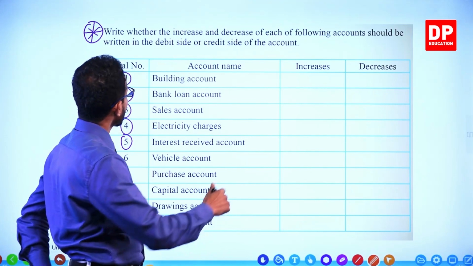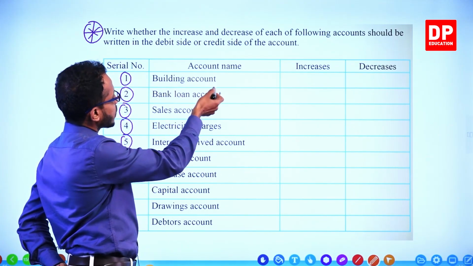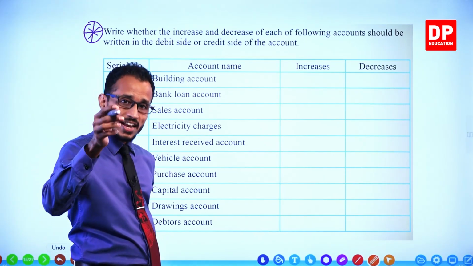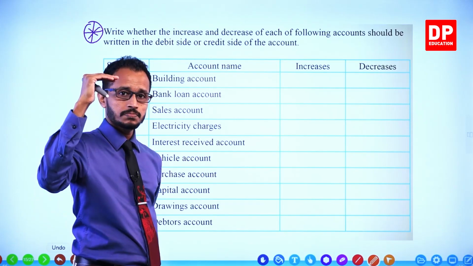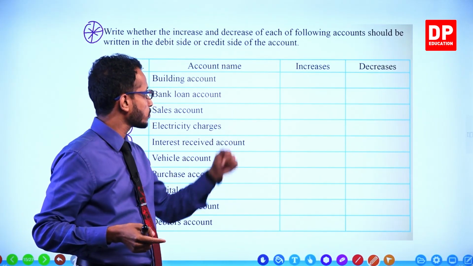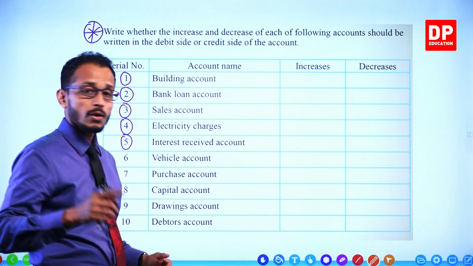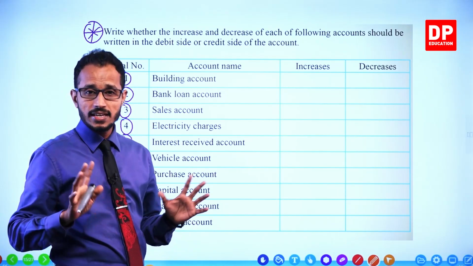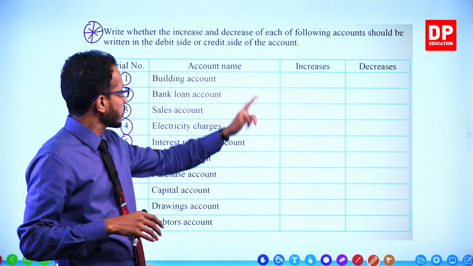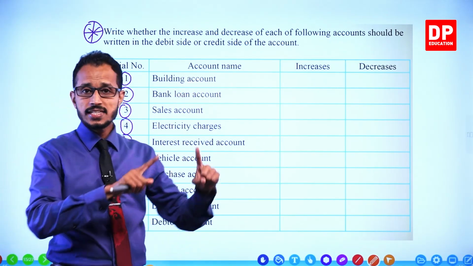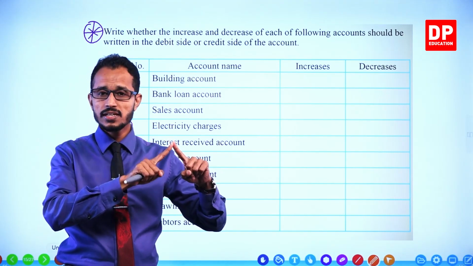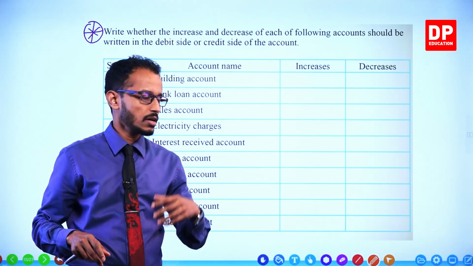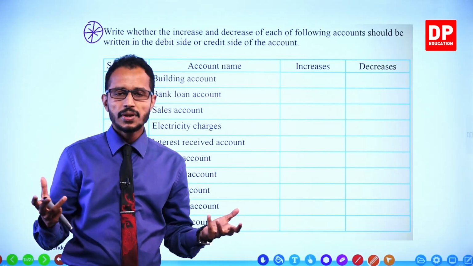Let's see. You have the building account with you, and if the building value has increased, what should you think of now? First, you should think of whether this account is an asset account, or a liability account, or an expense account, or an income account, or a capital account.